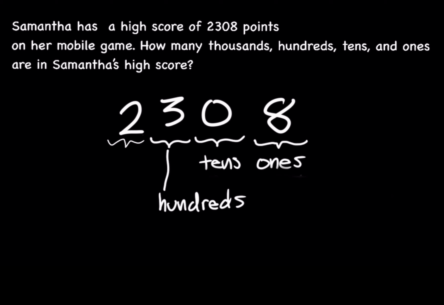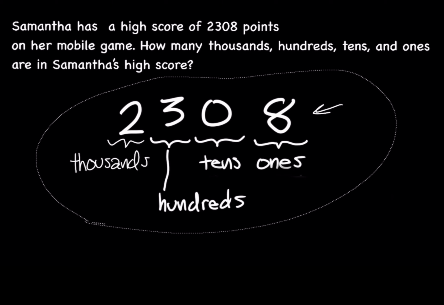And for this last one, we have the thousands place. And the way you can visualize this one is basically 10 of those hundreds together, right? So in total, this means we have 8 ones. Actually, I'm going to move this to the side so it's a bit easier to work with.